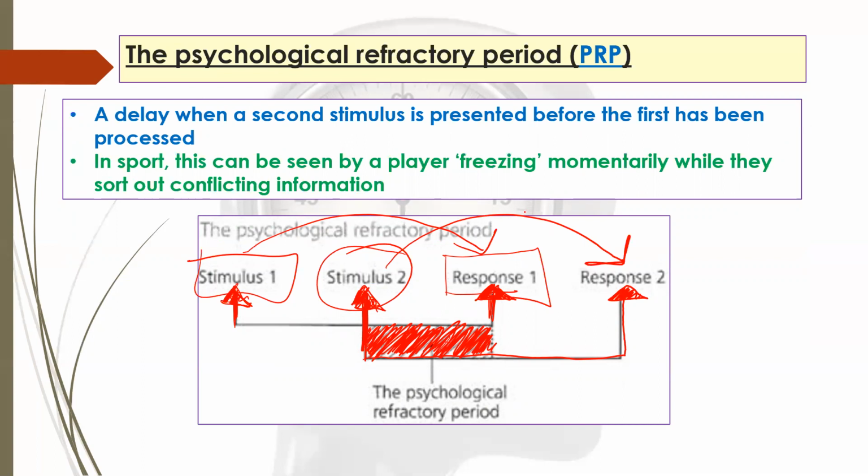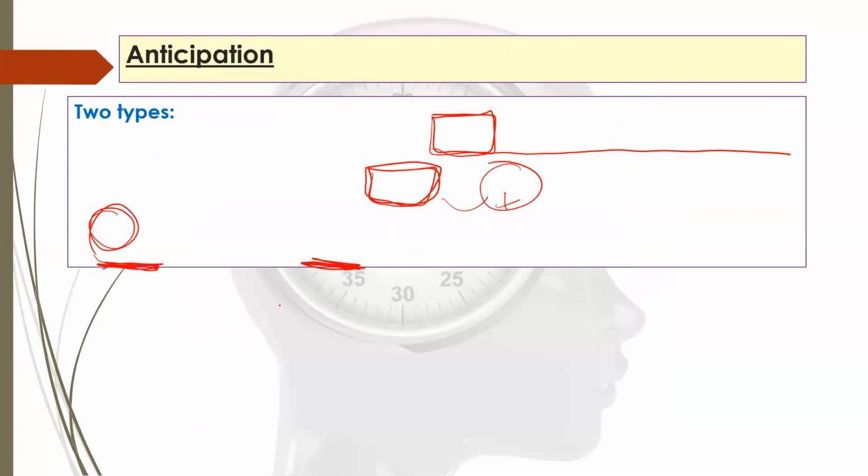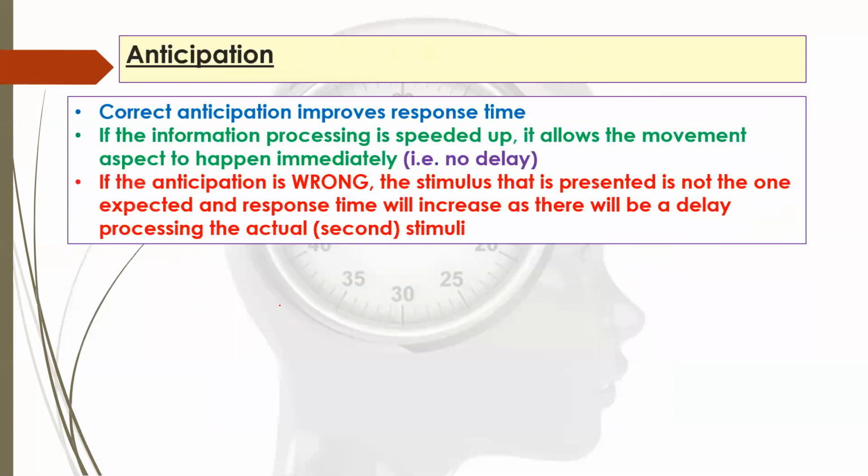So if you've prejudged it and anticipated that it's going to go one way, but it then actually goes the other way, you've added this one in, and you have to process that first one before you can then get to the second one.